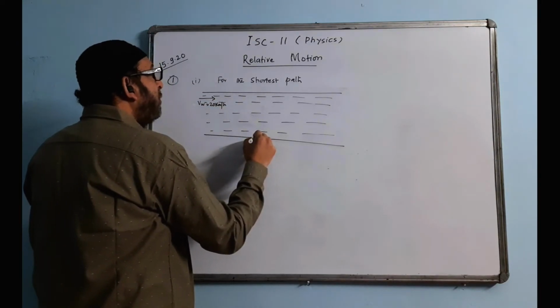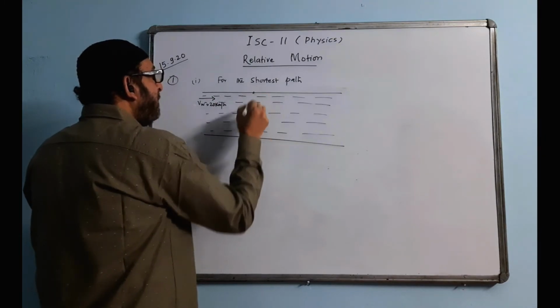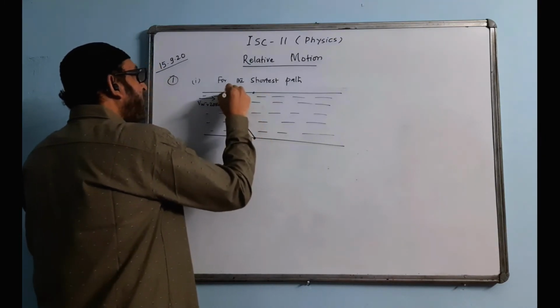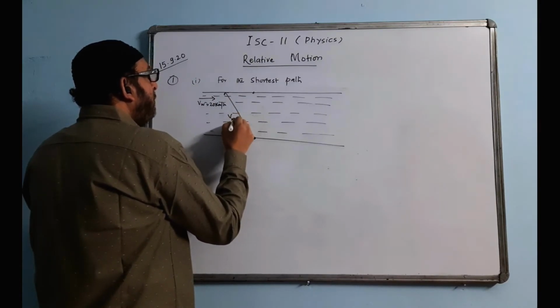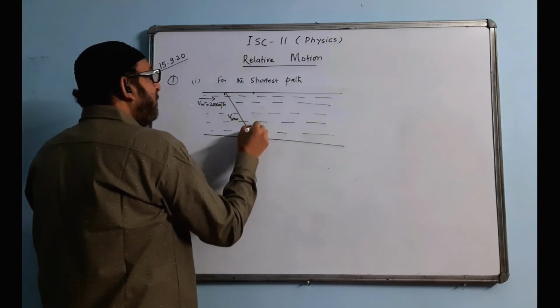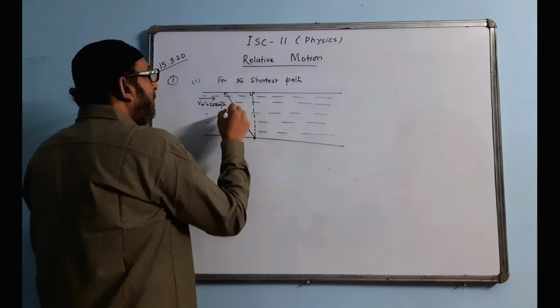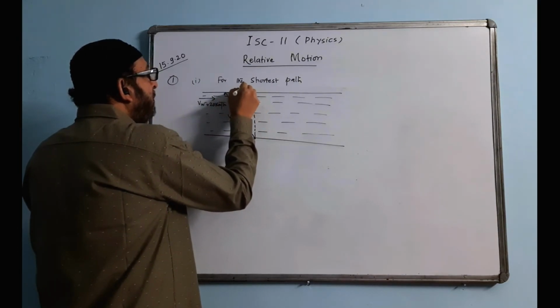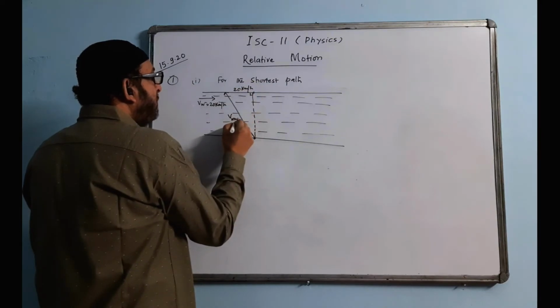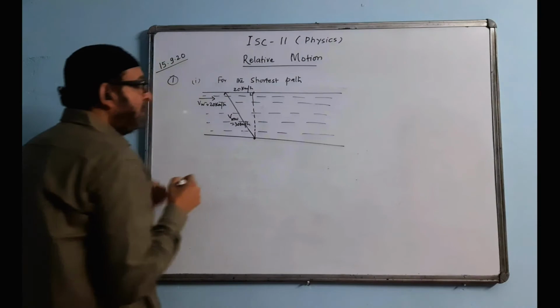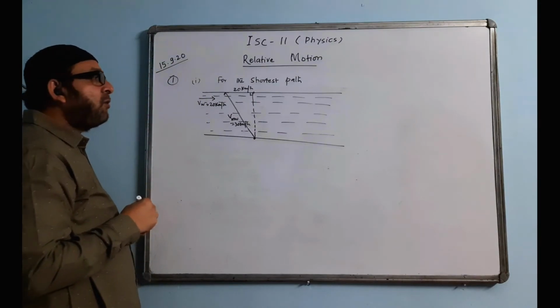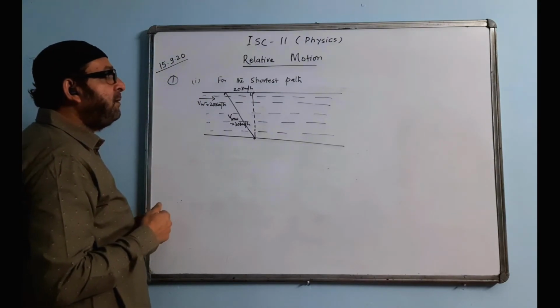The man will start so that for the shortest path he has to reach like this. This is VMW, and this value is 20. VMW is 30. The question is not asking to find the direction, so we will be finding the time.